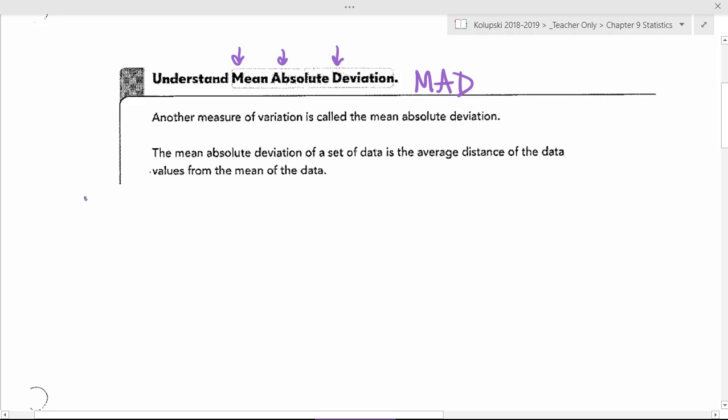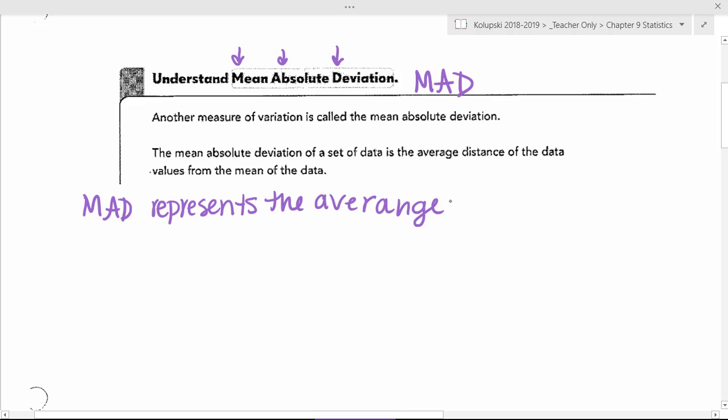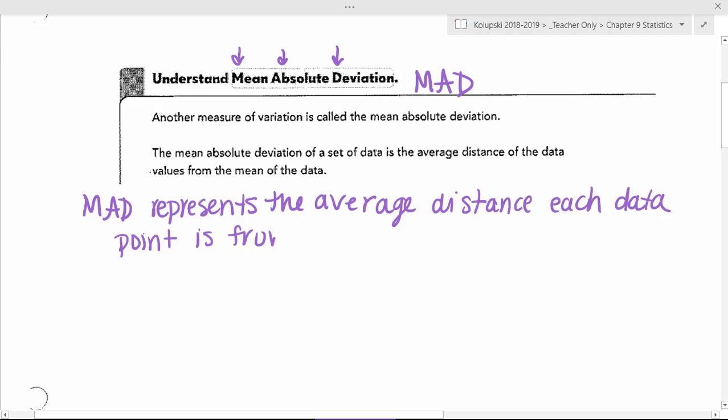Now, what is the MAD? Well, the MAD represents the average distance each data point is from the mean.